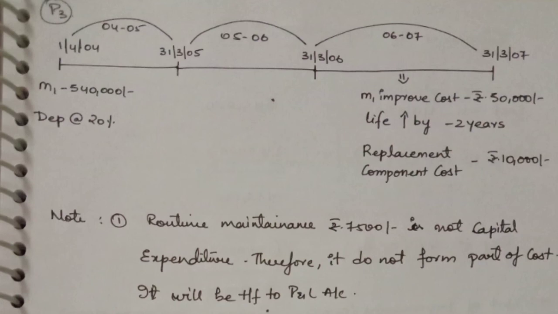Okay, so note 1, you can take note 1 here, that is routine maintenance of rupees 7,500 is not a capital expenditure, therefore it does not form part of the cost of the machinery. It will be transferred. T by F is transfer, shortcut for transfer. So T by F, transfer to the P&L account.